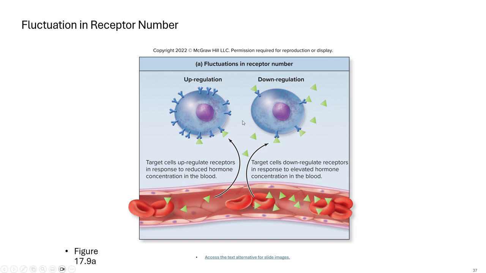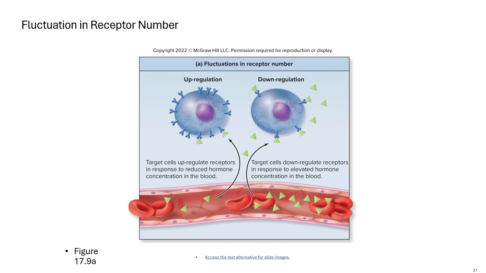Downregulation is exactly the same, except that it's exactly opposite. So in this case, you have a high concentration, a very large concentration of hormone in the blood. And so in order, again, for that cell to maintain its same sensitivity, think of the idea of homeostasis for all of this, it's going to decrease the number of receptors.